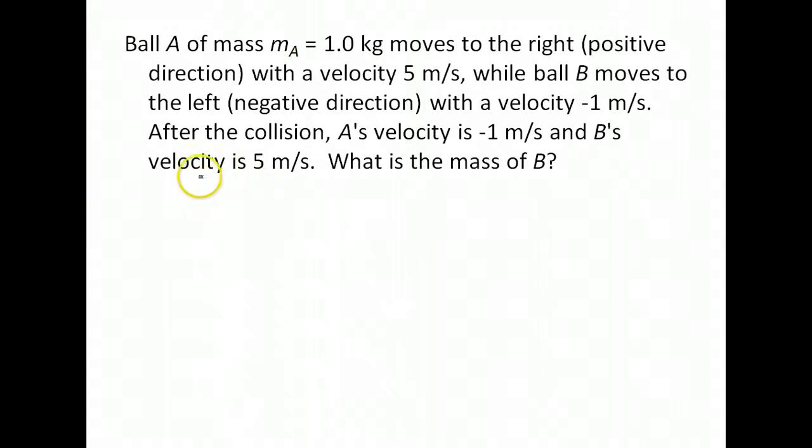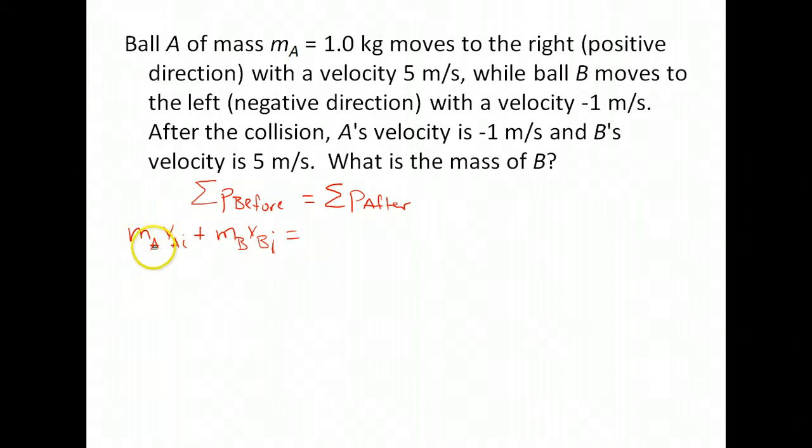Well, we're just going to use that equation that we came up with. The sum of the momentums before has got to equal the sum of the momentums after the event. So I'm just going to skip right to this formula here.